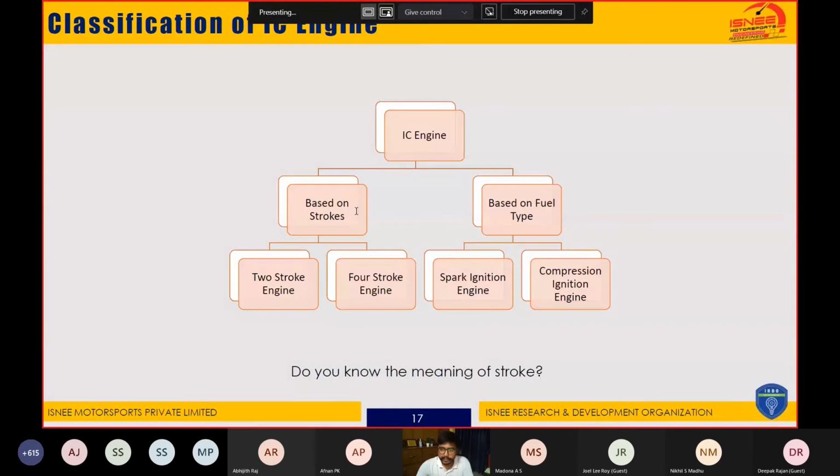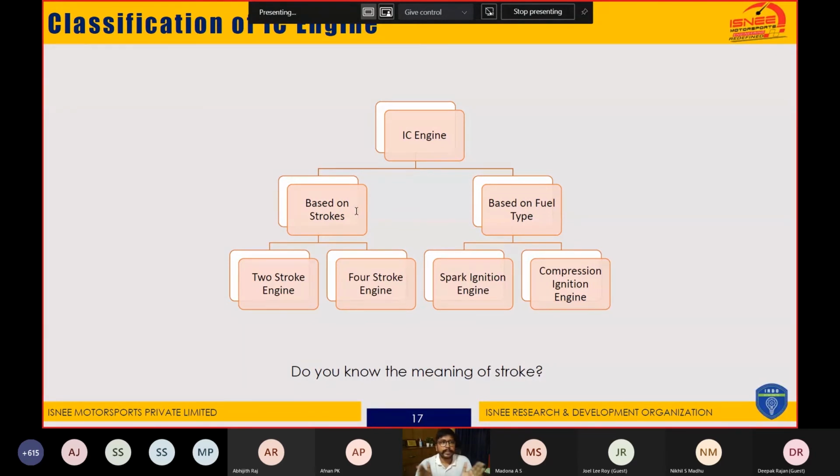Based on the fuel type, we have the spark ignition engine or gasoline engine, which is also known as the petrol engine, and we have the compression ignition engine or diesel engine basically. So do you know the meaning of a stroke? What actually is a stroke? We will understand in the upcoming slides.